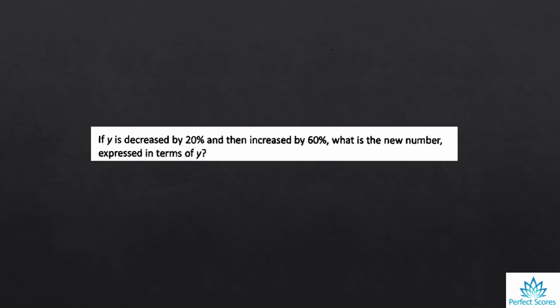I got 1.28y. Lakshmi, did you get 1.28? Yeah. So a 20% change and then a 60% change, and the overall will be 12. So you would have decreased by 20. I just did a 0.8 into 1.6. Yeah, that would be correct. Minus 0.8 into 1.6 will also give you the answer. So that would be 40 minus 32, so 12, which is 30 minus 2, that is 28%. So it's 1.28, right?